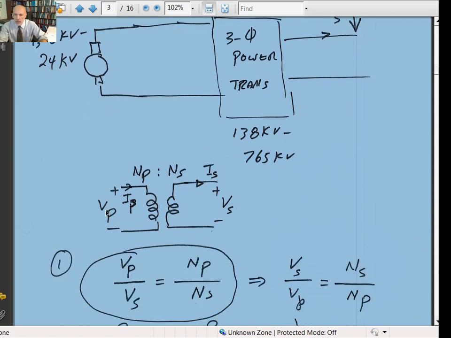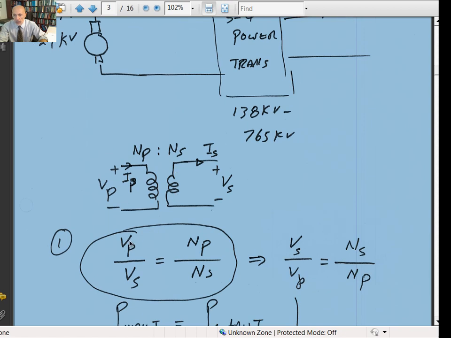Now, if I look at just a simple transformer, you've got the primary voltage, secondary voltage. They use a double line here. It gives you the number of turns on the primary and the number of turns on the secondary. The ratio of the voltage, V sub P over V sub S, is directly proportional to the number of turns on the primary over the number of turns on the secondary.